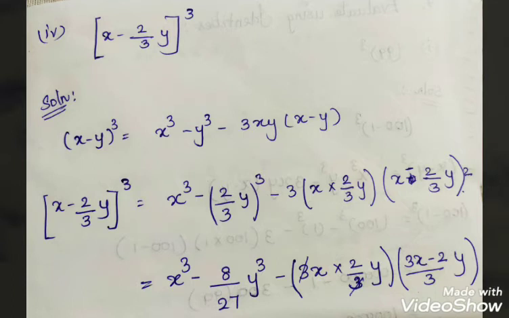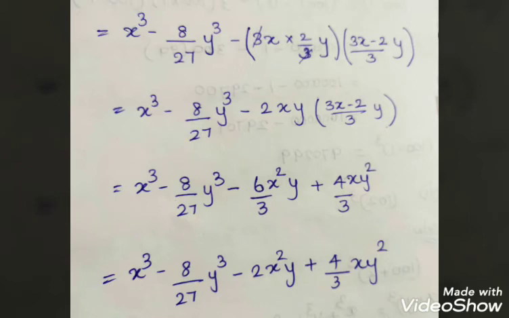Simply we are substituting the value of x and substituting the value of y as 2 by 3. Here no need to take the sign minus 2 by 3 because we are using the x minus y the whole cube formula. Right, already in the formula we are having minus.